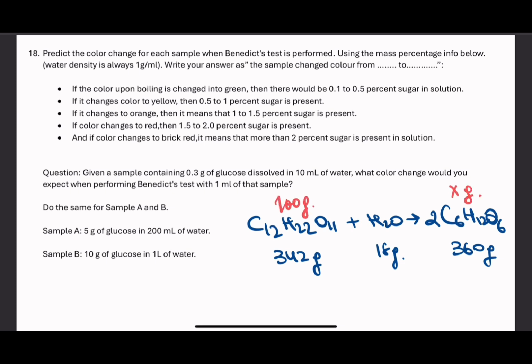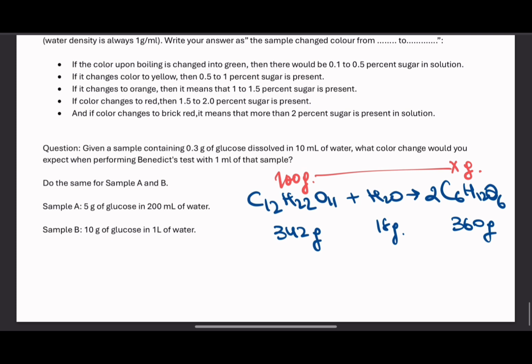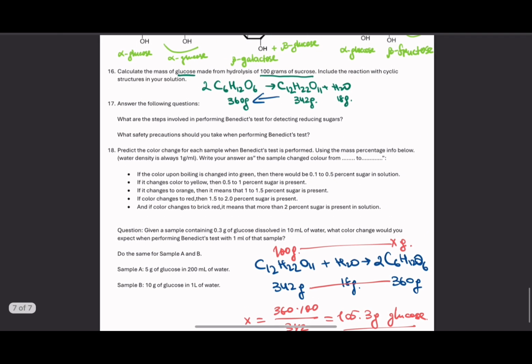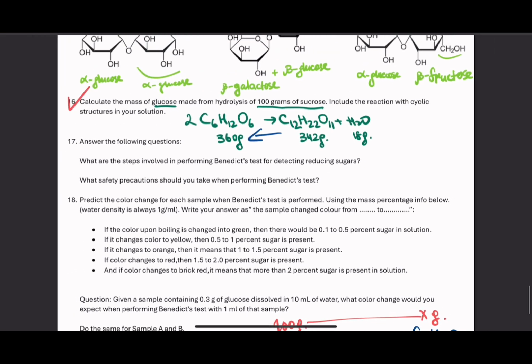You would get X gram of glucose. So your math calculation would be X equals 360 multiplied by 100 divided by 342, and this will give you 105.3 grams of glucose. Okay, and that is that for question 16.